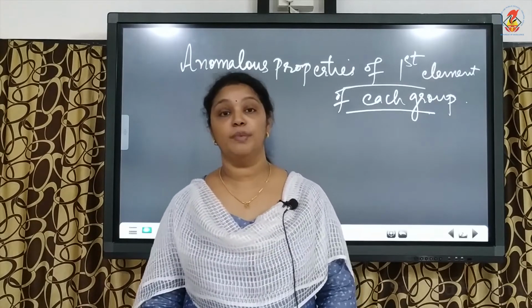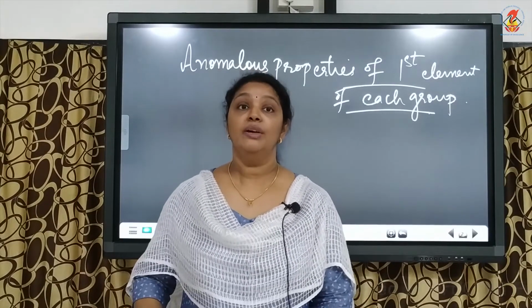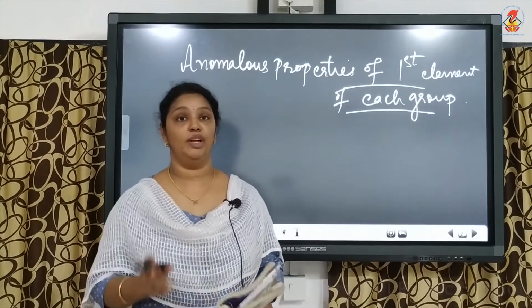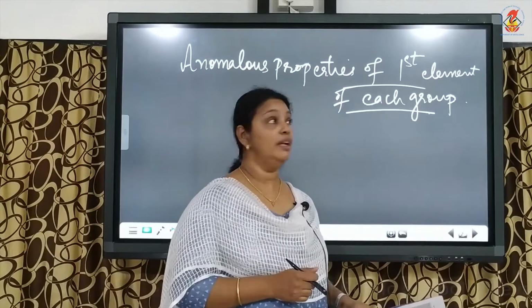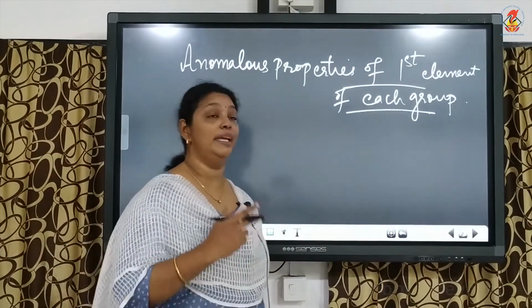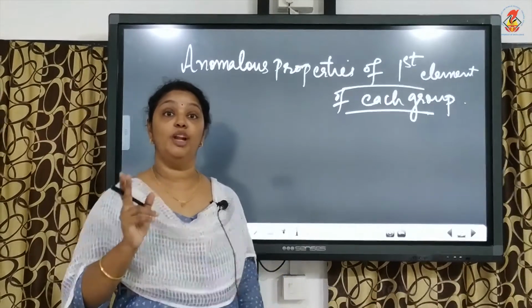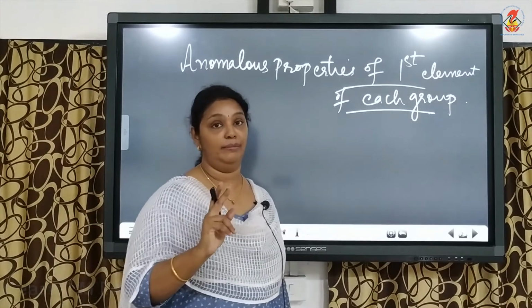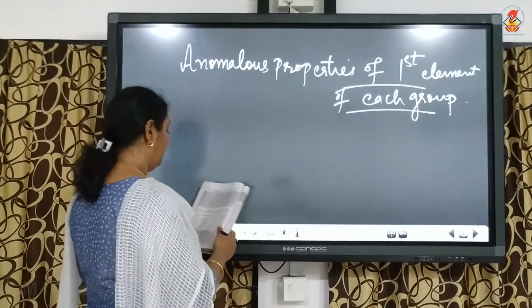They are the anomalous properties. Now let us see the reasons for this anomalous property of the first element of each group, or we can say the second period elements. The first element of each group belongs to the second period. So let's see what the reasons are.